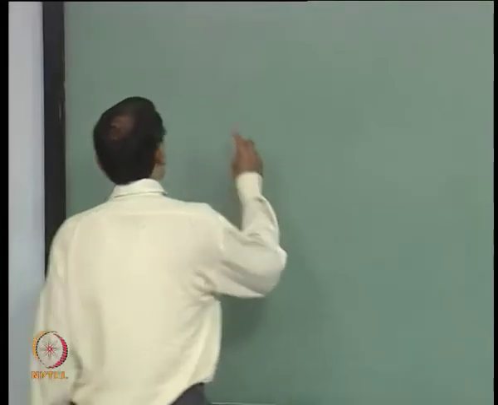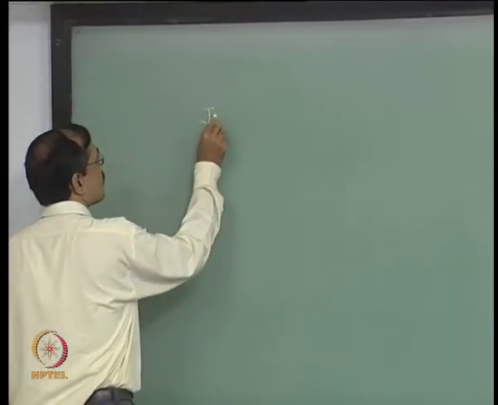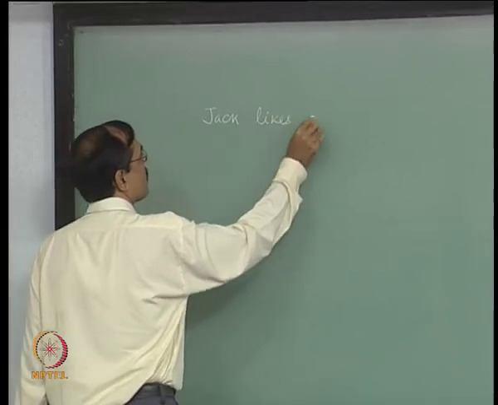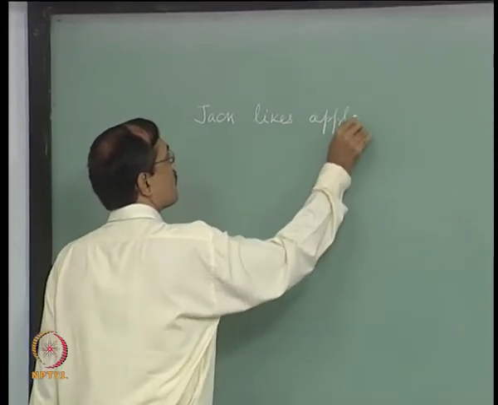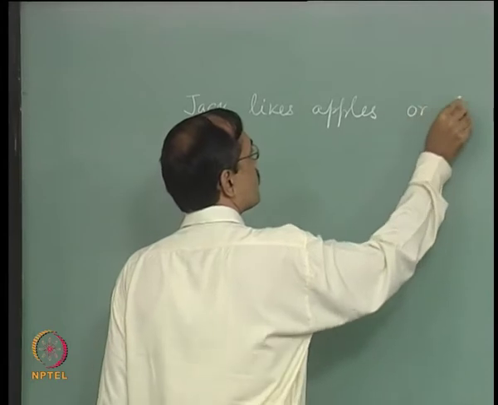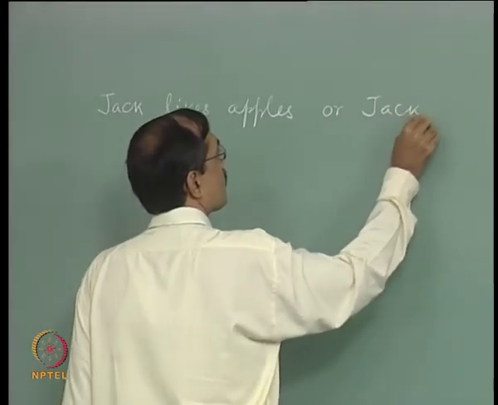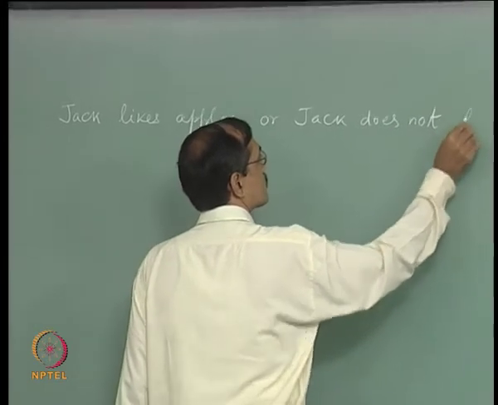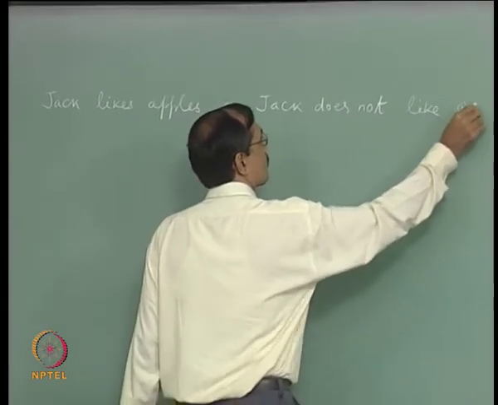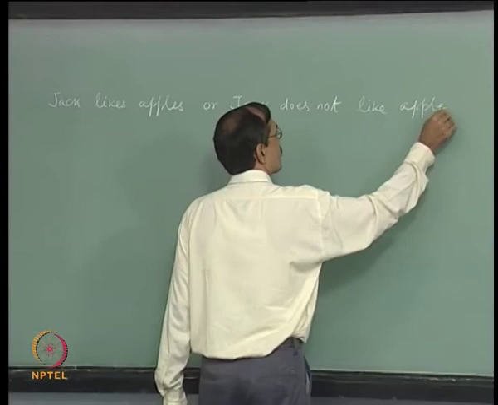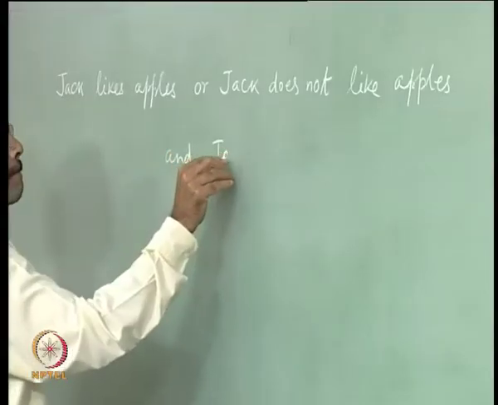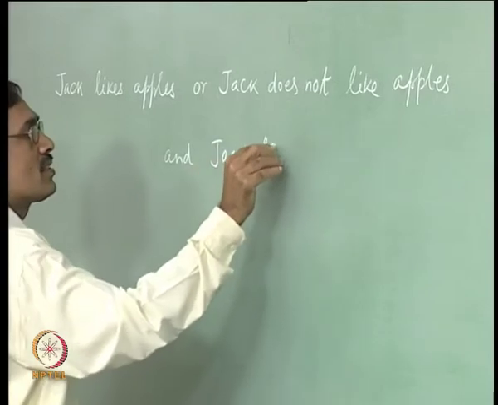Say, Jack likes apples, or Jack does not like apples, and Jack likes oranges.